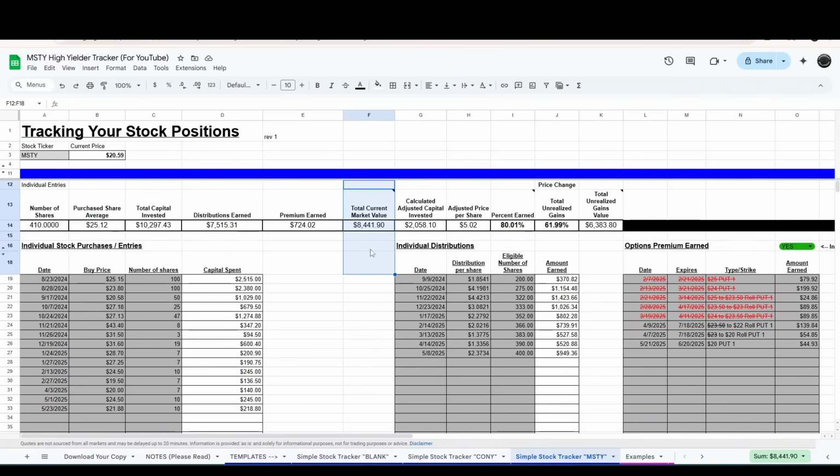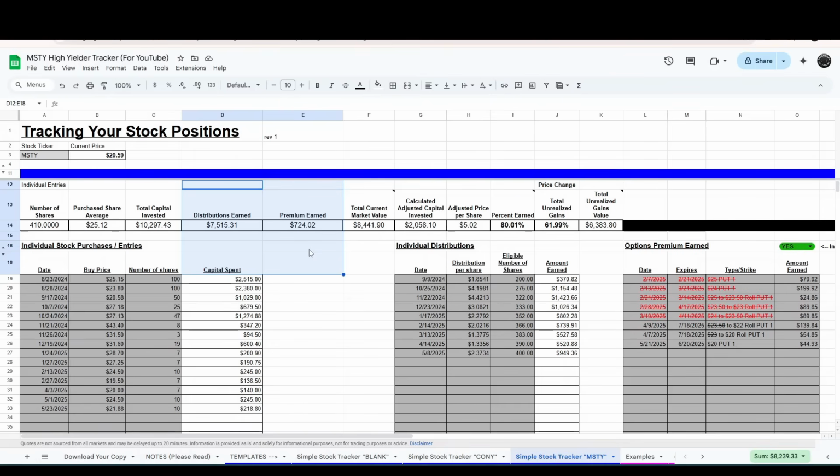So I'm showing that I'm down in my position, right? If I'm only looking at that, then it looks like I am losing money. But you do have to understand you are earning distributions. And if you are selling any calls or puts, then you are also earning some premium. Now, you don't have to do options, but if you are, why not track those as well?